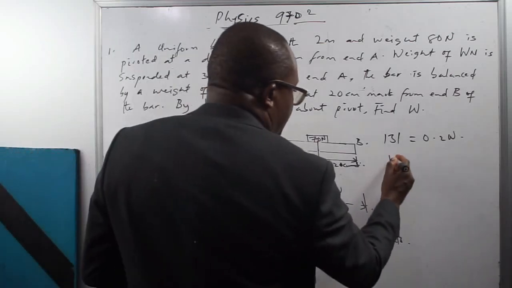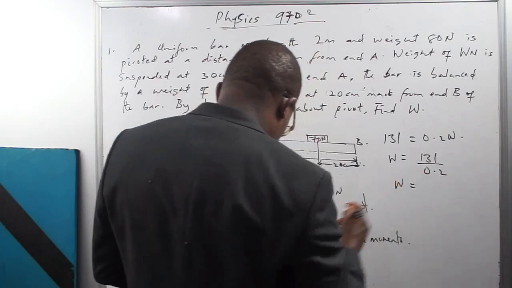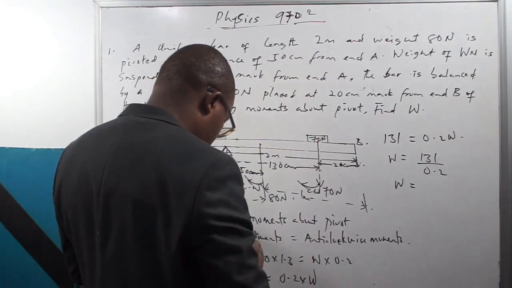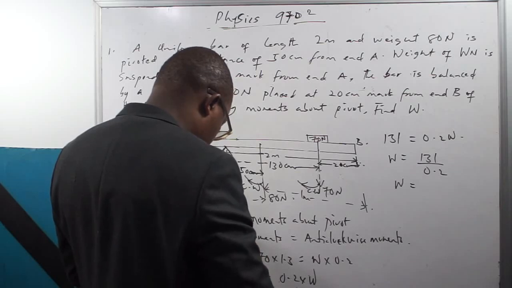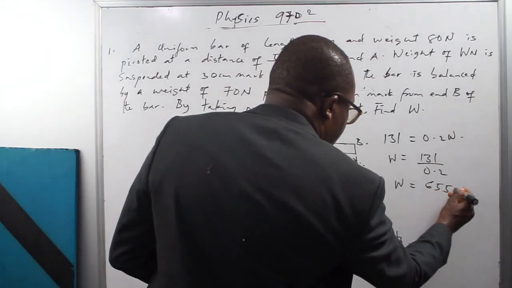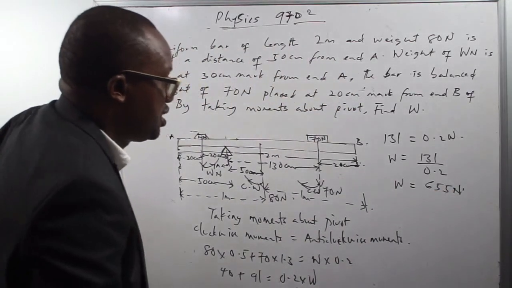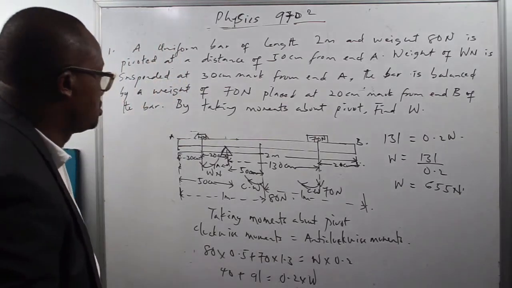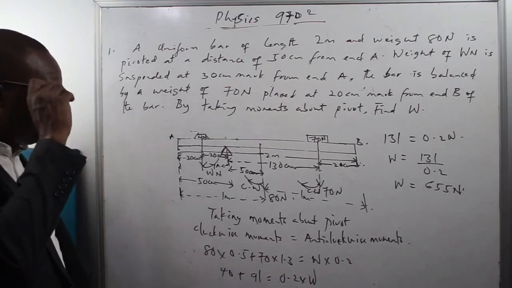So W will therefore be 131 over 0.2, which will give you 655 newtons. Okay? So that's it. Look at the basic principle that I've used there.